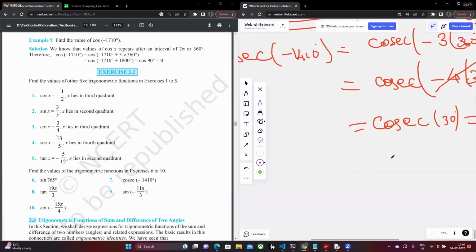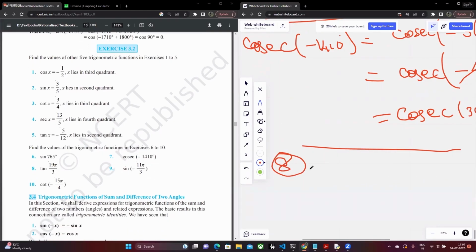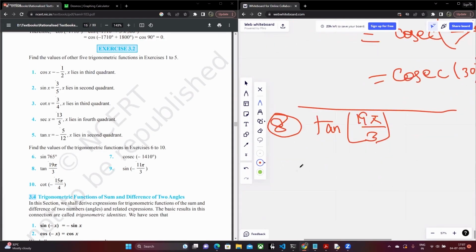Question number 8. Tan of 19 pi by 3. Right, we've just done a similar sum, but that was a sine of 17 pi by 4. Right. Tan of 19 pi by 3. This is basically, I can write this as tan of 3, 6 are 18, right? So that is 6 pi plus pi by 3.